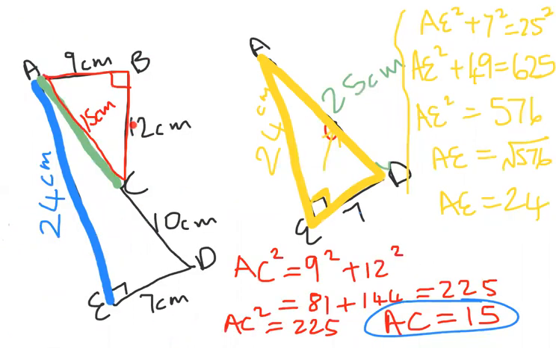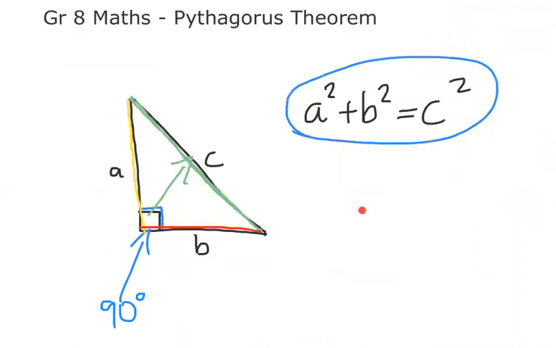And in the last sum we did, in the red triangle, there's a 9 and 12. The hypotenuse is 15, which is more. That's right. And if we look at the bigger triangle here, remember, this is the 90. So this is the hypotenuse, 25. 25 is more than 24 and 7. So that is correct.